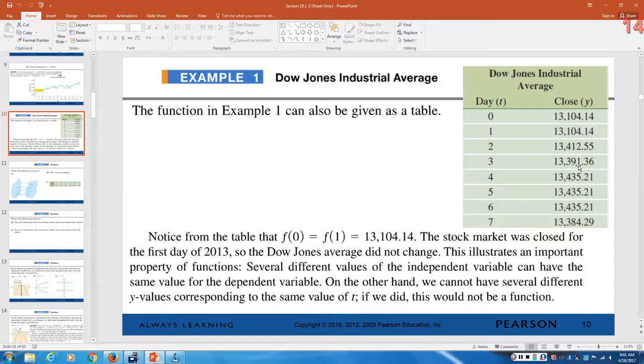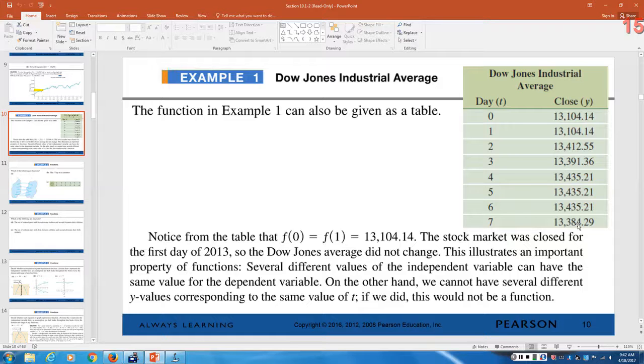And you notice that it continued to rise in some places, but in other places it still remains pretty constant. So from day 0 to day 1, we kept the same value. In day 2, it rose a little bit. Day 3, it dropped down a little bit. Then day 4, it dropped down more, and it stayed there until day 7, and it dropped again.